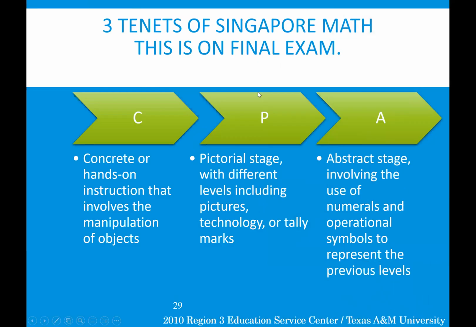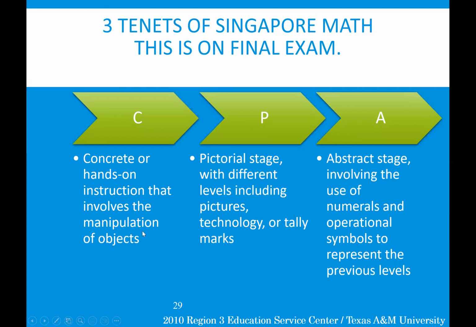All right, we're going to be doing a lot of Singapore math in this class, the mathematics from the National Curriculum of Singapore. And basically, they say that all elementary school math concepts should start with concrete or hands-on instruction that involves the manipulation of physical objects. Then we move into the pictorial stage, where students, instead of using the physical objects, start drawing pictures.